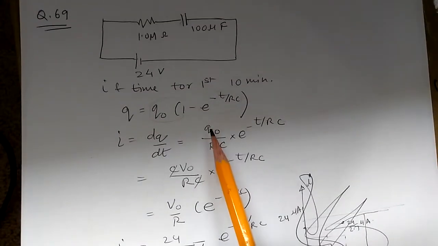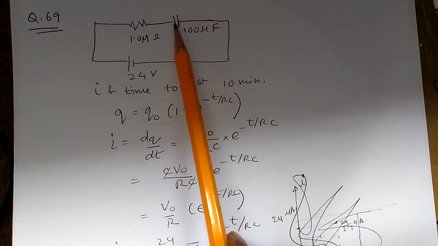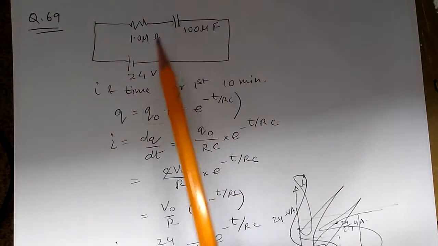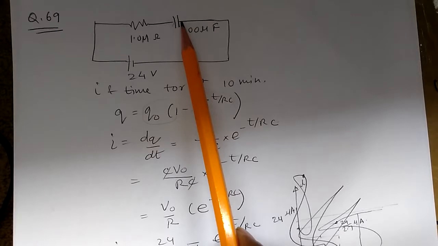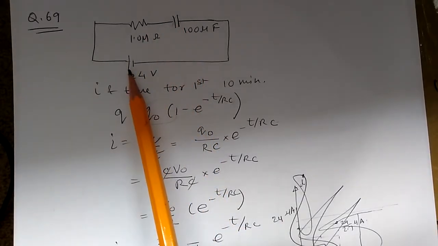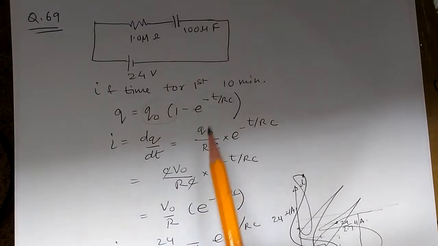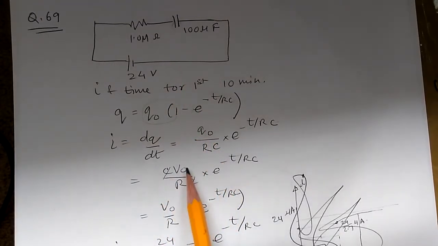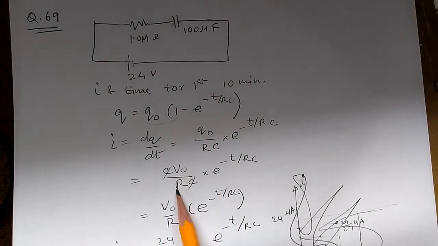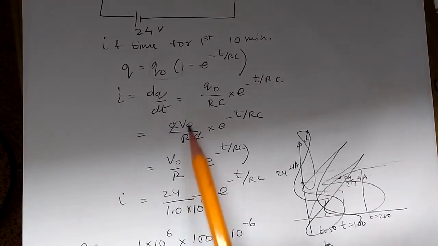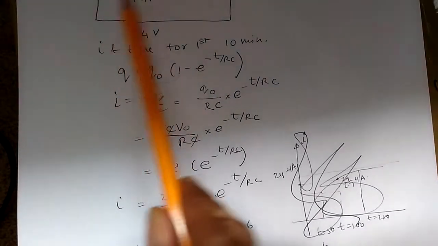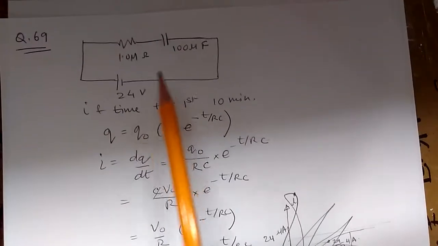Here Q naught is the final stable charge on this capacitor, which happens when the voltage across this capacitor becomes equal to the voltage of this battery, V naught, and that charge Q naught is given by C V naught. C cancels, it's V naught by R, and V naught by R is nothing but the initial surge current, given by the voltage across this resistor.